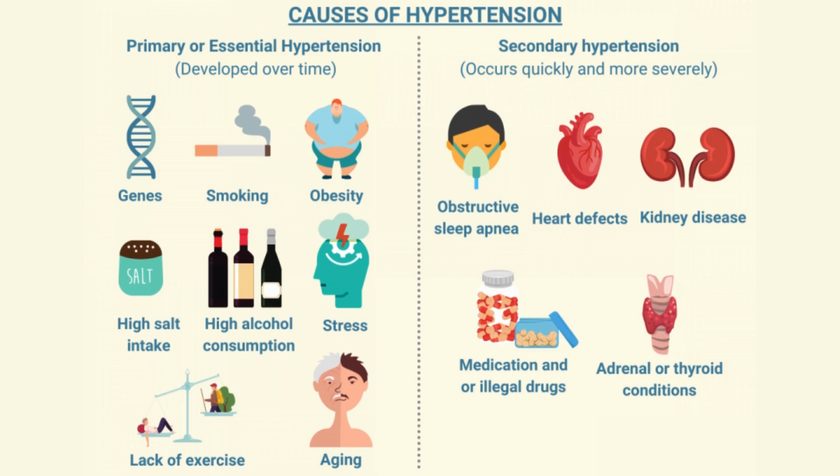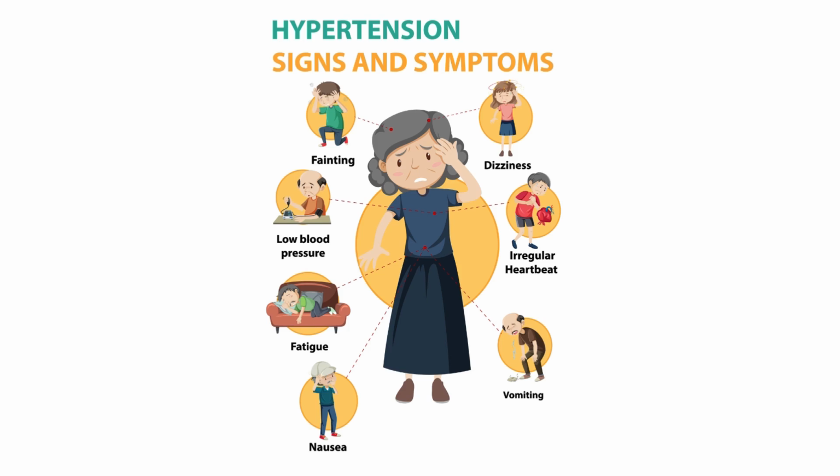Next, you are going to see the signs and symptoms. Signs and symptoms include headache, altered mental status, shortness of breath, chest pain, decreased urine output, vomiting, changes in vision, dyspnea. Dyspnea means breathing difficulty, angina means chest pain.